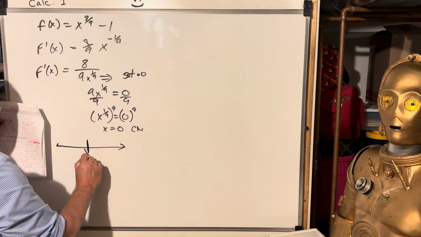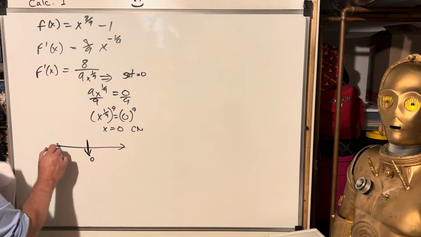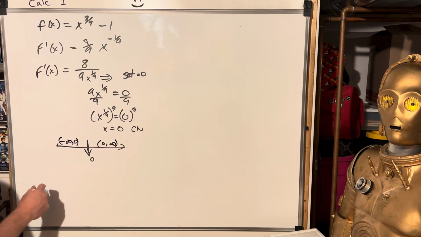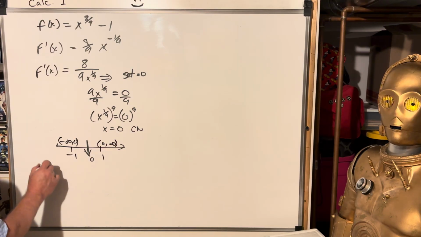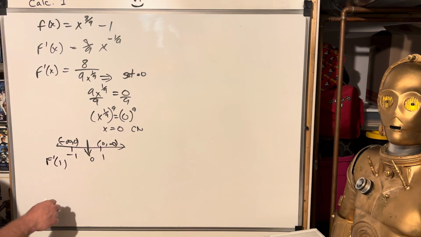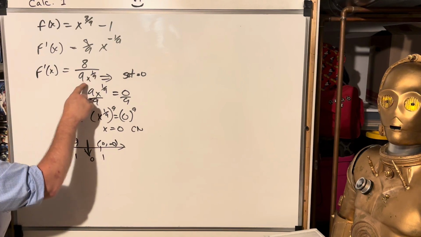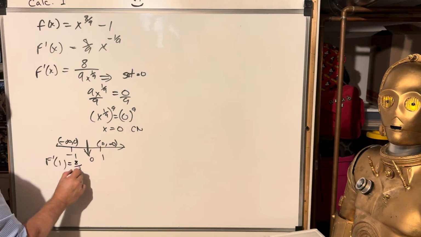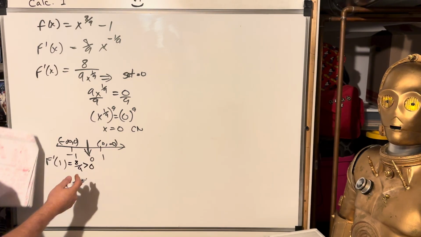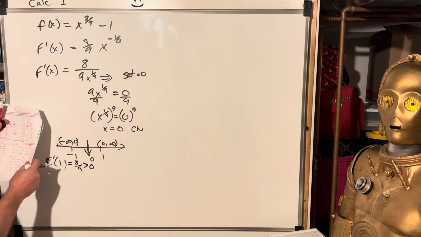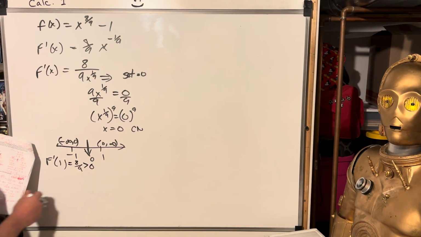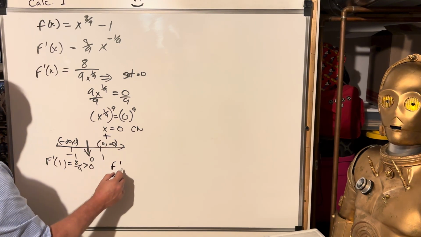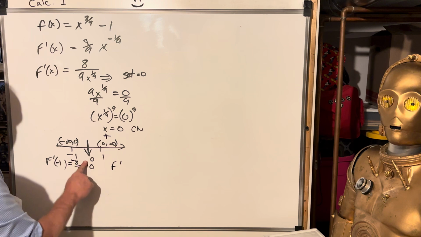So we've got 0. So this is negative infinity to 0. This is 0 to infinity. And how about negative 1 and positive 1? F prime of 1. And we put in 1. The 9th root of 1 is 1. So that's just 8/9, which is greater than 0. So that's positive. Wait, I got a negative on there. Oh, I put in that. This is positive. F prime of, let's just make it negative 1 and negative less than 0.